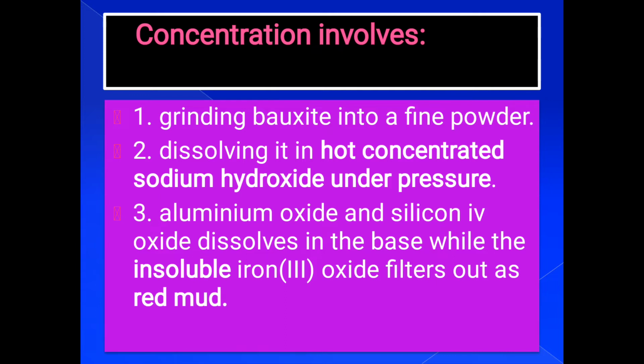That means that the first impurity, which is iron 3 oxide, is got rid of by dissolving our ore in concentrated sodium hydroxide, whereby the silicon 4 oxide and the aluminium oxide, which is the main component in bauxite, dissolve, leaving the insoluble iron 3 oxide, which is now filtered out as mud.